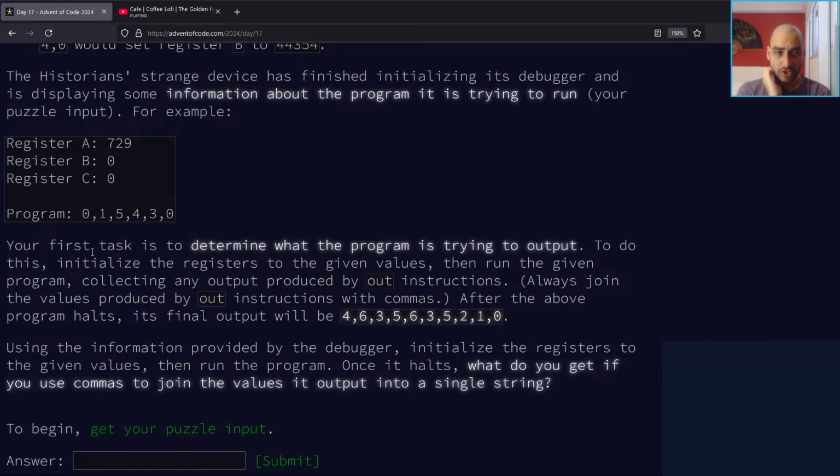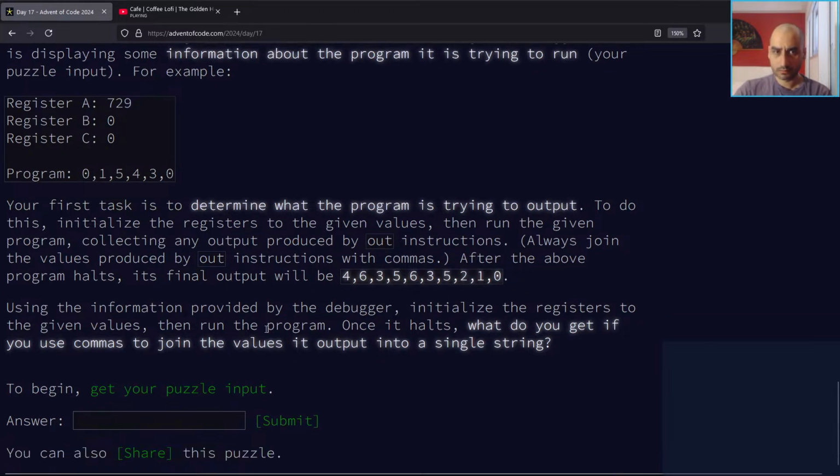To do this, initialize the registers to the given values, then run the given program, collecting any output produced by out instructions. Oh, okay, we just output the answer. I thought we would have to set values to make a certain thing happen or something. Okay. Fine. Should be able to do that.